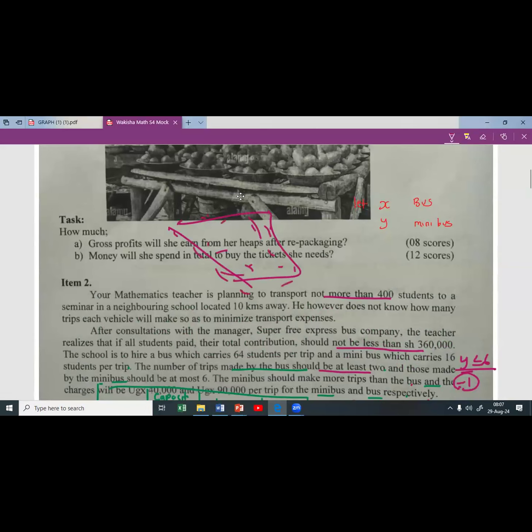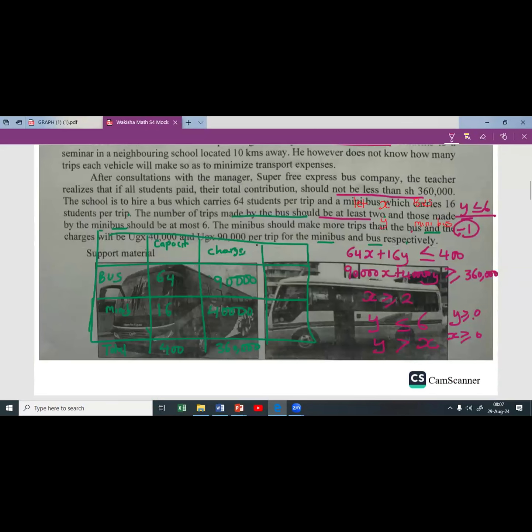Then after obtaining the maximum points, you compare them to this. Are we together? You have 64x plus 16y, and then you compare. When I put this and this, how many students can we take?